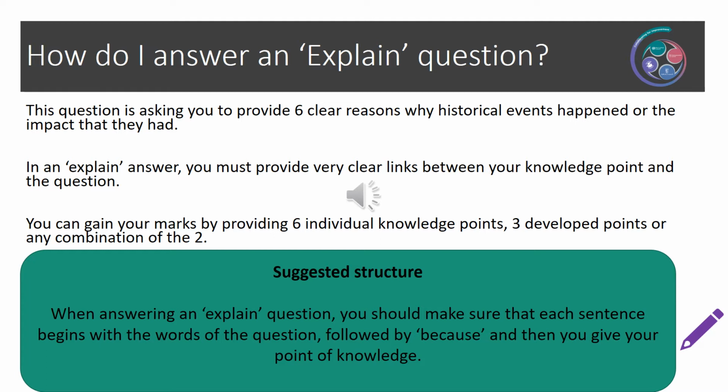In an explain question, you have to provide very clear links between your knowledge point and the question. Now you can gain your full 6 marks by providing 6 individual pieces of knowledge that are linked to the question, 3 developed points of knowledge that are linked to the question, or any combination of the 2.